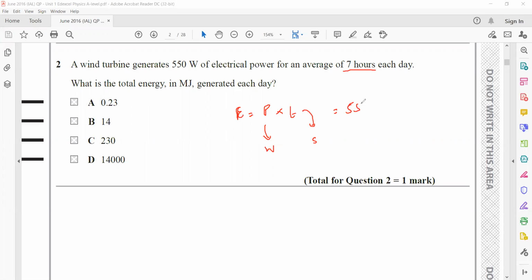So power is 550 multiplied by time, which is 7 hours, but we have to convert into seconds, so multiplied by 60 and 60. So it will be 550 times 7 times 60 and 60, which equals 13860.